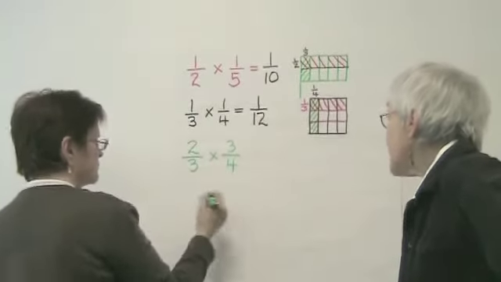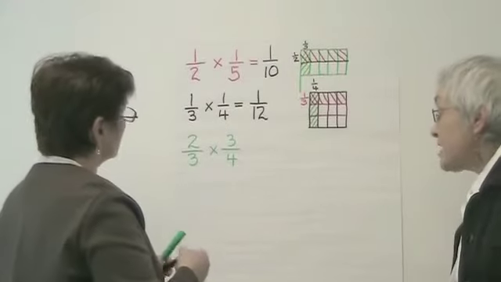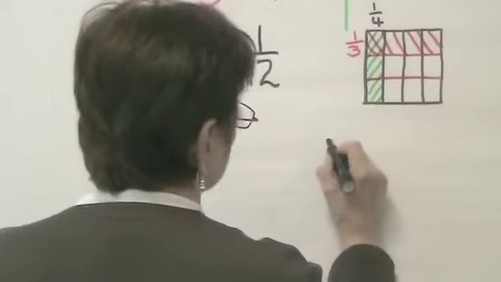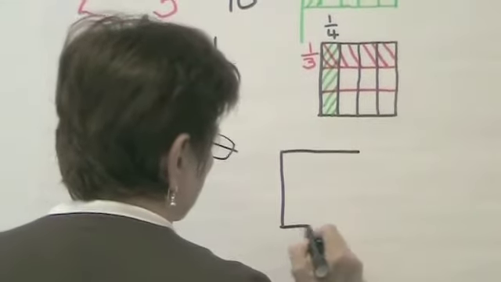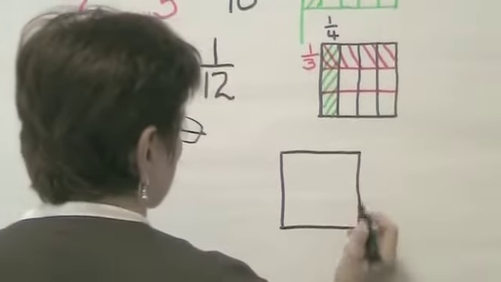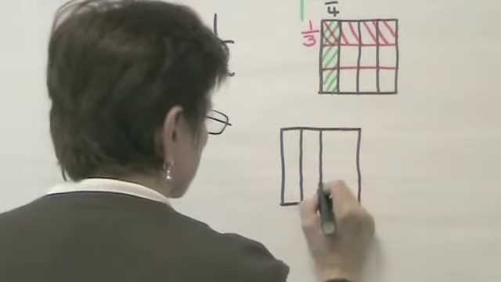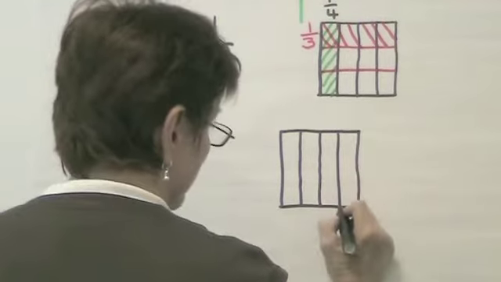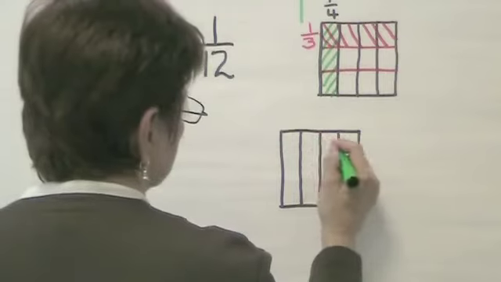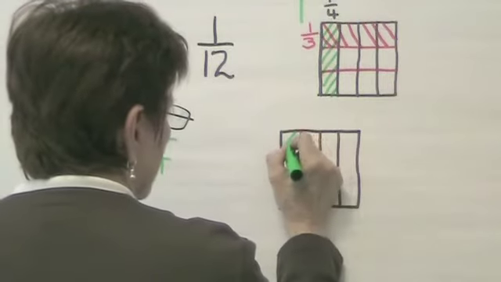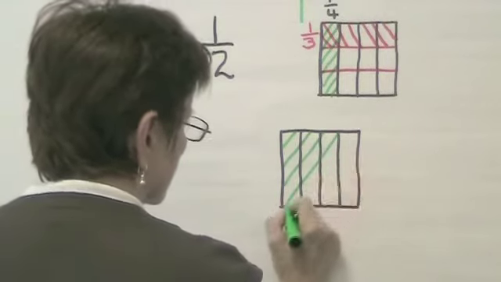And so we can draw this same thing again, right? We got it all set up. So I want fourths, because this time I want 3 of them. So we still need thirds. You're going to hatch in your 3/4 right away.